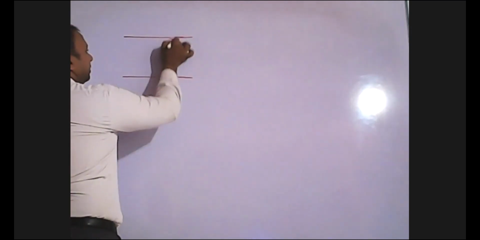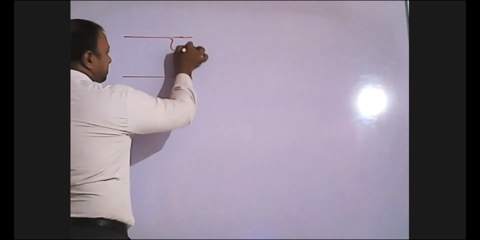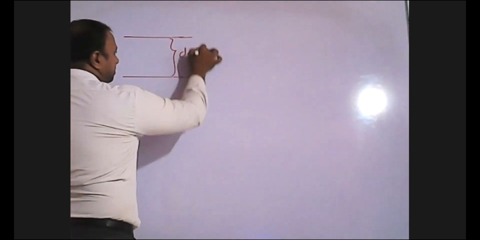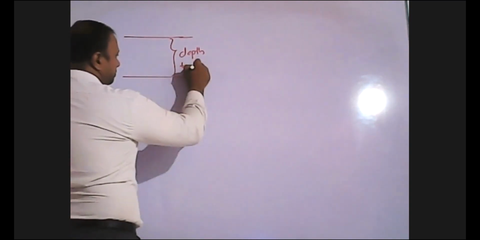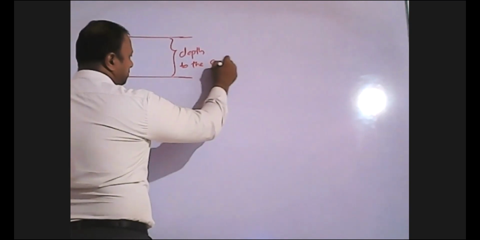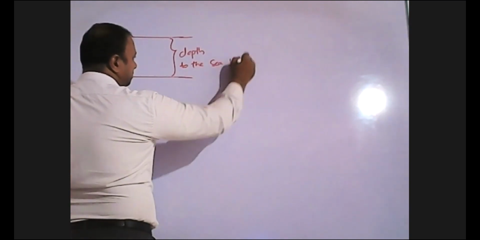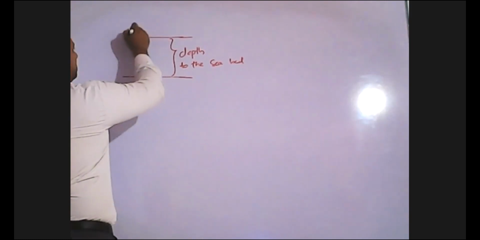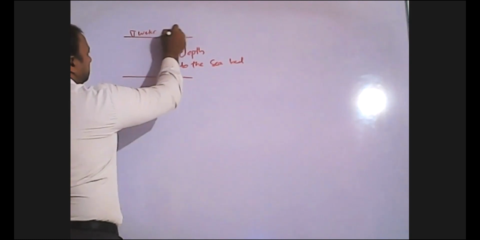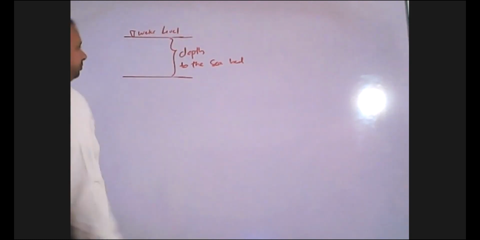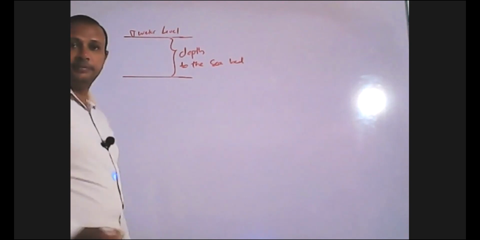Suppose there's a water wave in the sea, D means the depth to the seabed. Okay, this is the water level.